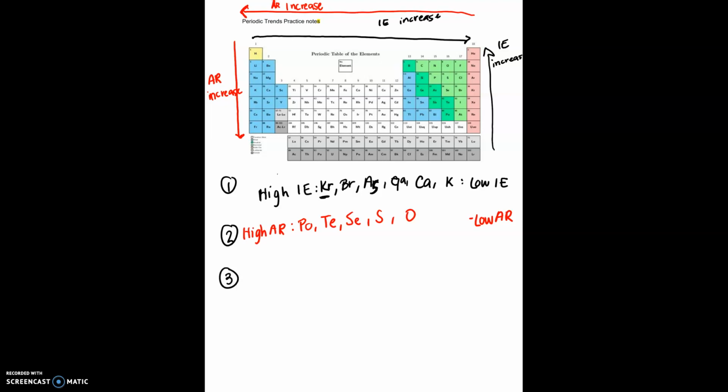Number 3 is a little bit different. Here we have 3 new elements. They've been made up, and we are just given their electronegativities.